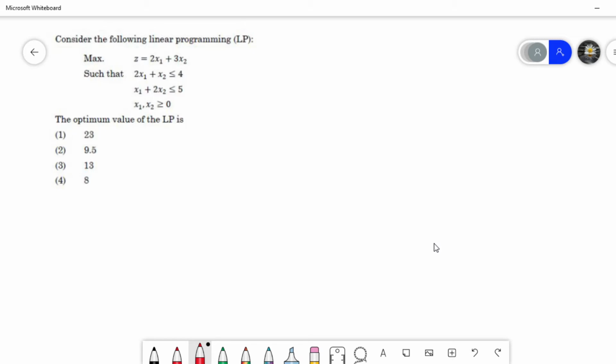So first we should remember, if the constraint consists of the less than or equal to symbol, we should add the slack variables.